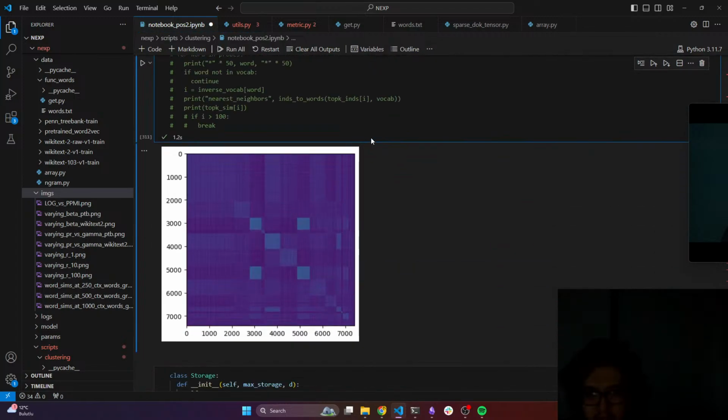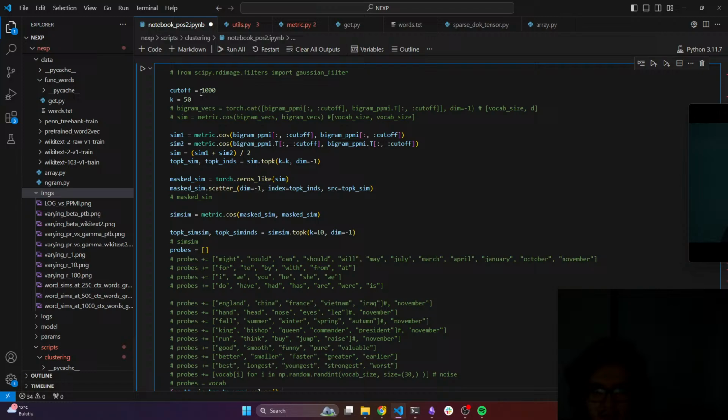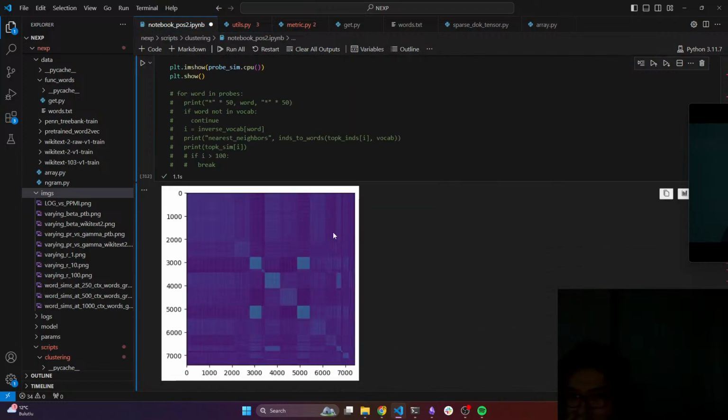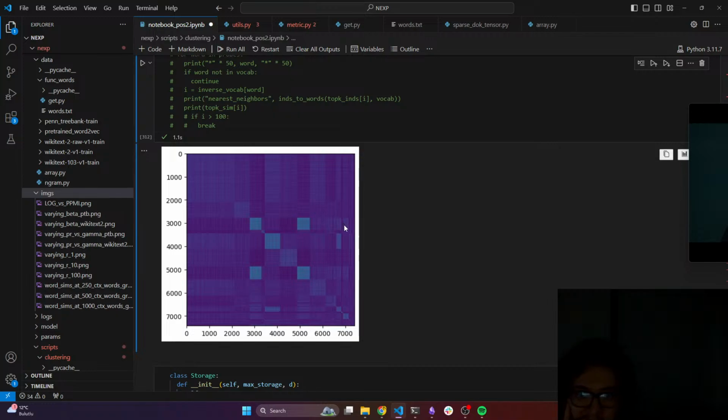I personally like 1,000 or 500. It just has very clear, well-defined borders, and I'm looking at a map.